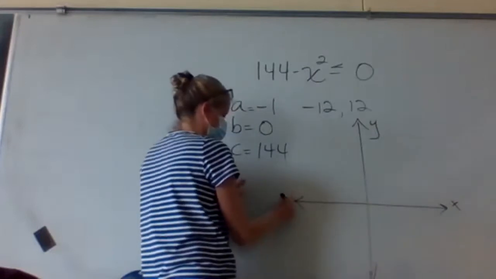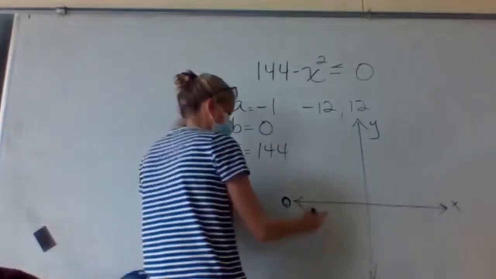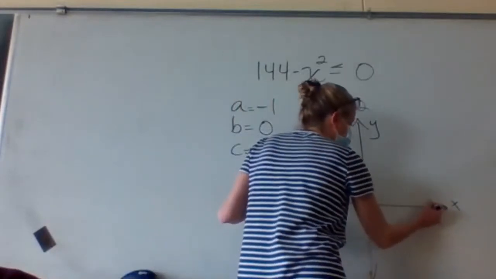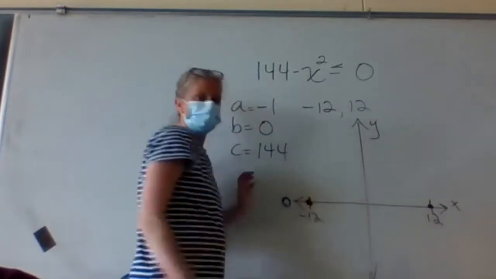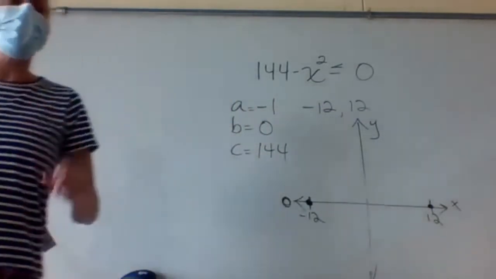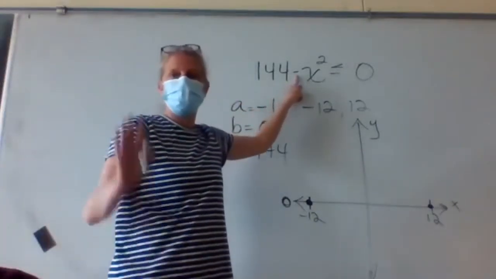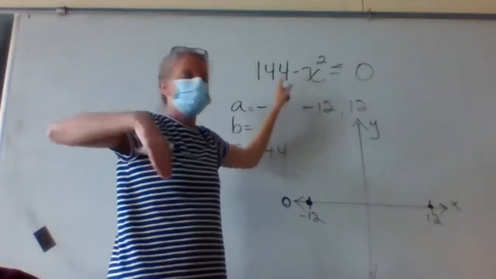So there's my 0, the x-axis. So there's negative 12, there's positive 12, so there's my x-intercepts. When you draw your U this time, what's it going to be? Upside down, right? Because the x squared is negative.